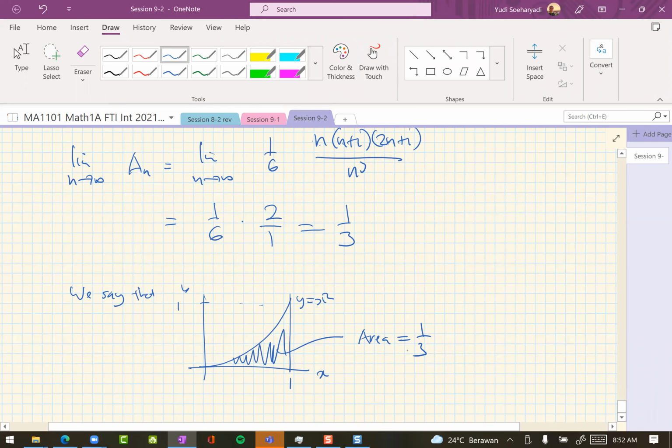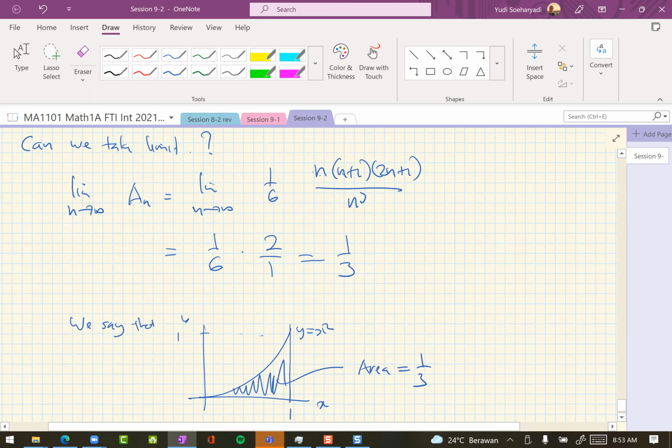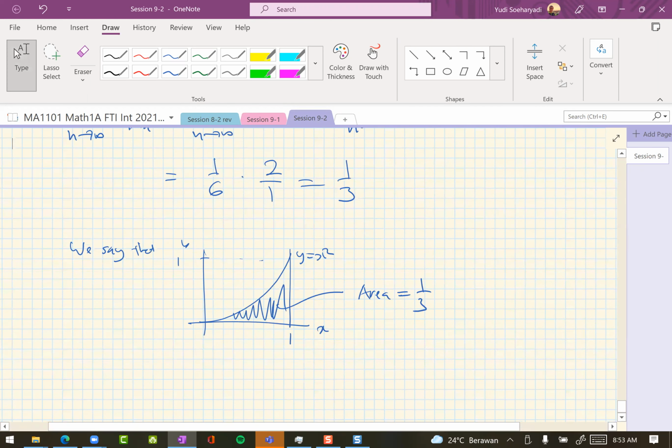Okay, so that's basically what we are trying to do to find the area using approximations. Okay, looks complicated, right? So later on, we would like to find some simplifications. The question, of course, is can we simplify the computations? All right, questions?